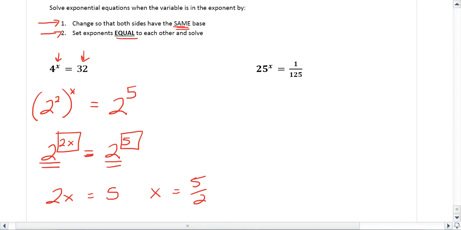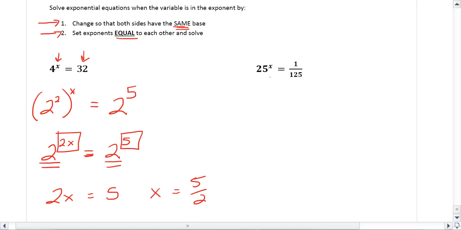And you can check that if you'd like. If you would take 4 to the 5th power, you'd get a big number, and then if you took the square root of that, because remember, when you have a fraction in your exponent, this top number is the exponent, and this bottom number is the root.